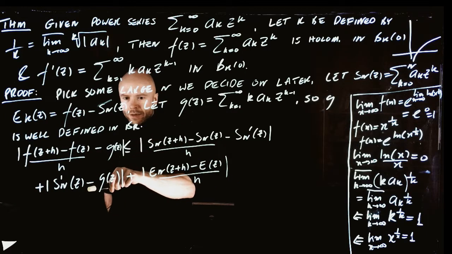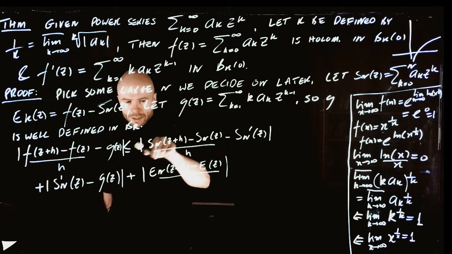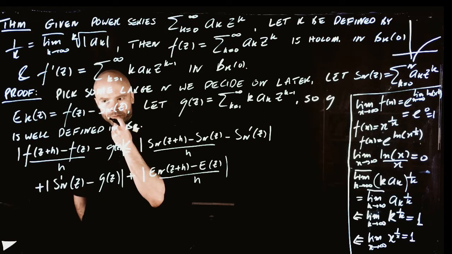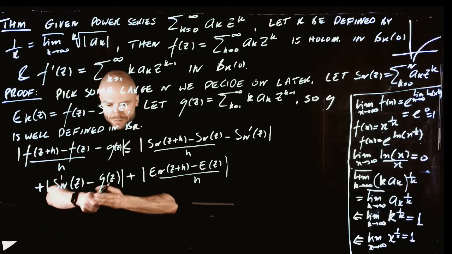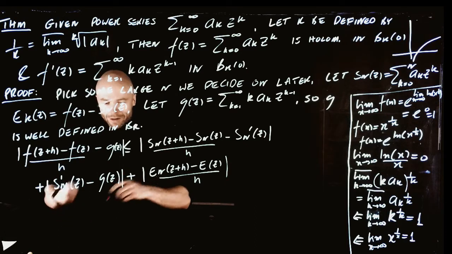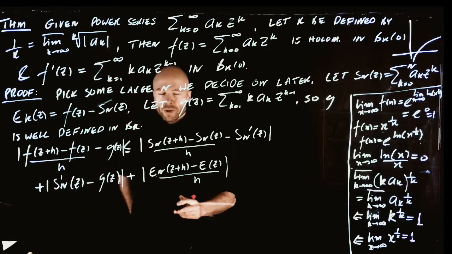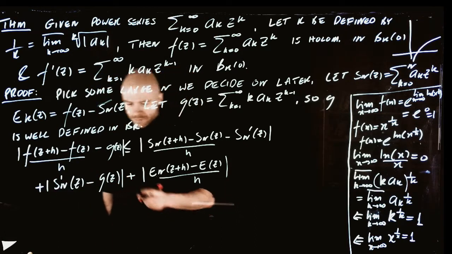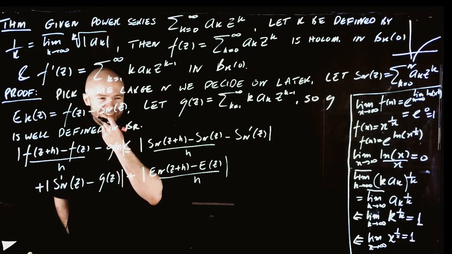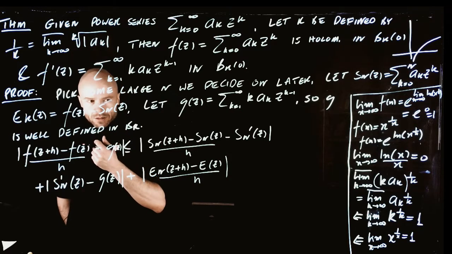Do you see from the triangle inequality that this thing is less than or equal to the sum of these three terms? Speak up, people. Everybody give me a verbal signal that you're with me. Okay, good.